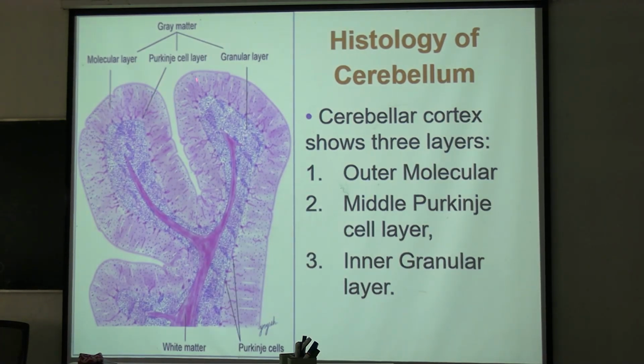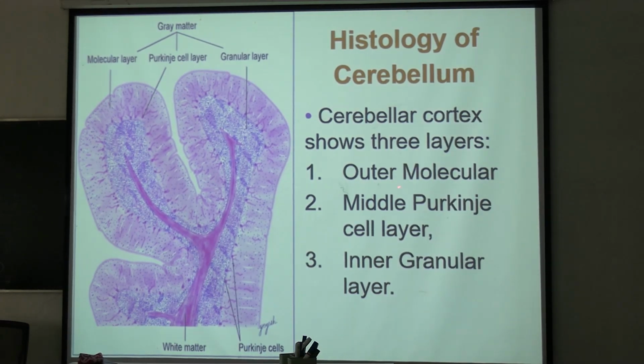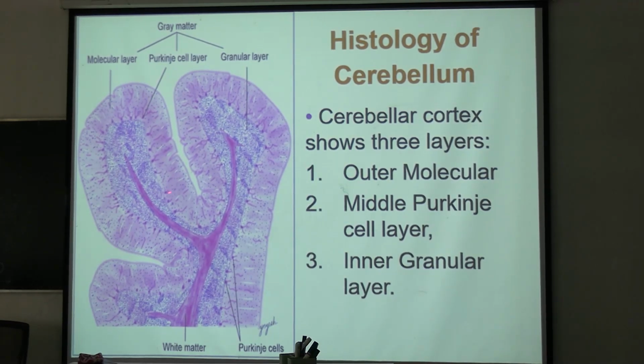And this is the histological picture. The cerebellar cortex shows three layers: outer molecular, middle Purkinje cell layer, and inner granular layer. The pinkish colored one is the outer molecular layer. Next, this single cell layer containing the Purkinje cell bodies is the Purkinje cell layer.